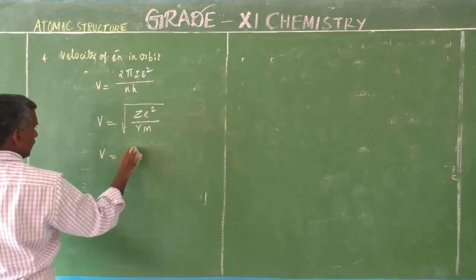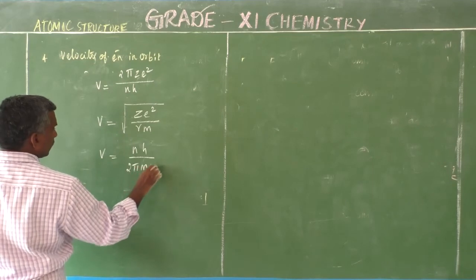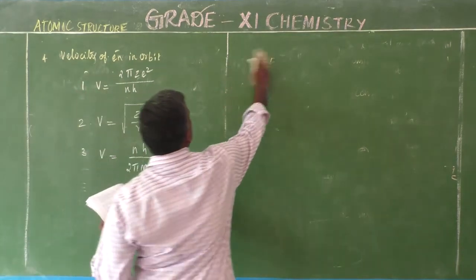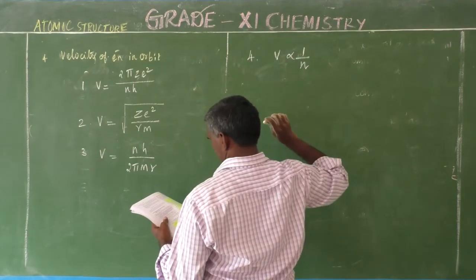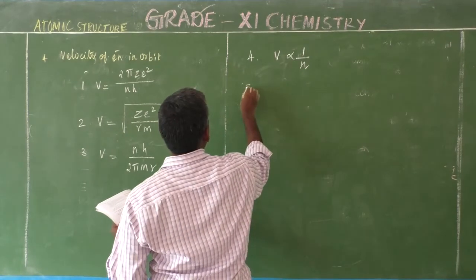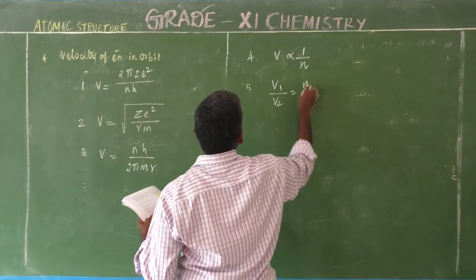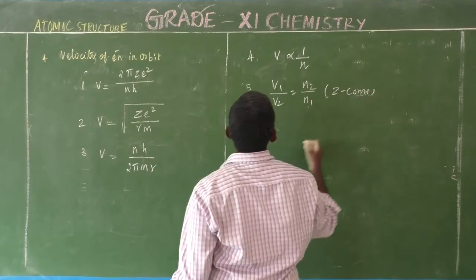V is equal to nh by 2 pi m r. Now the fourth formula: V is inversely proportional to n. Fifth, V1 by V2 is equal to n2 by n1, with Z constant.